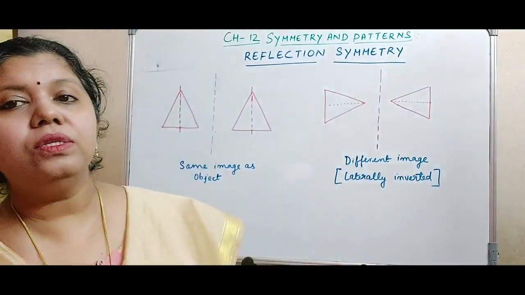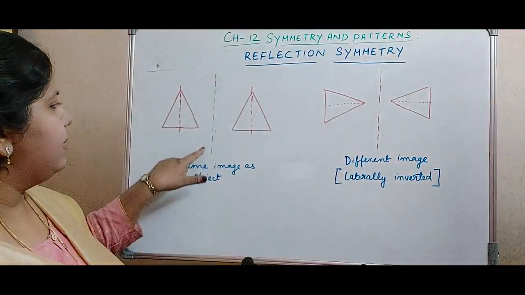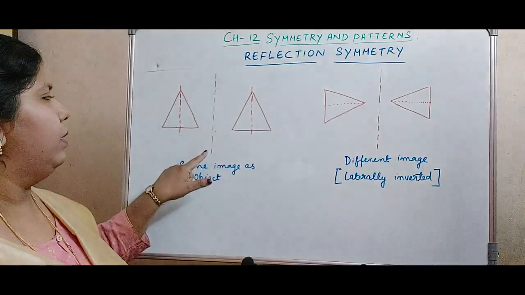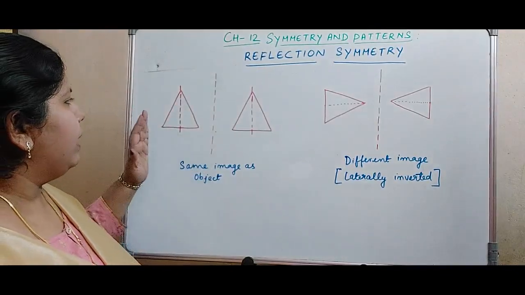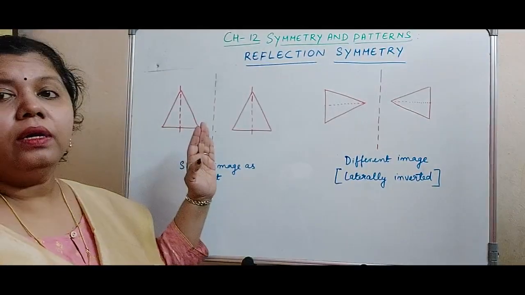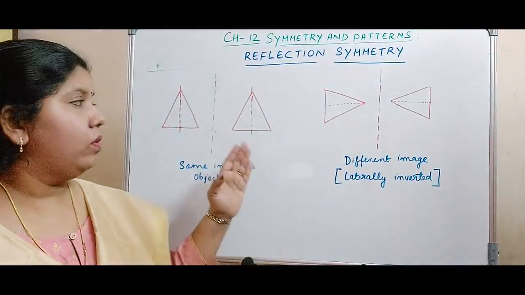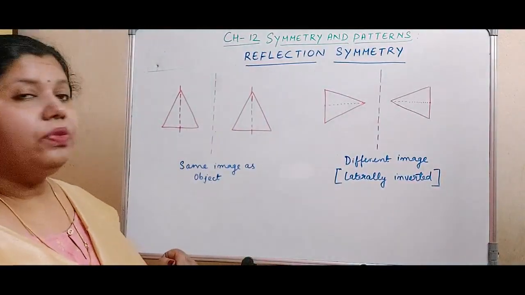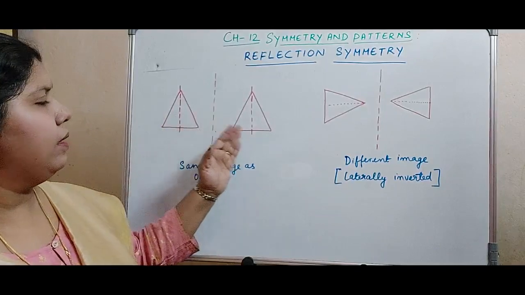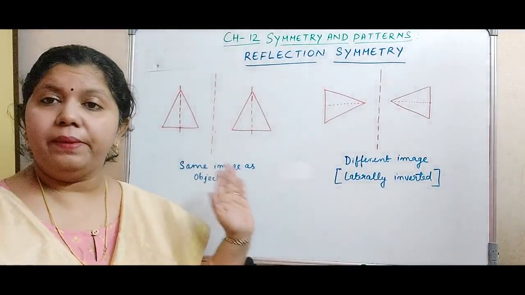Okay, now look at these two figures here. In the middle, this line is the mirror line. We have placed a mirror over here. Now when you keep an object on the left hand side and try to find its reflection in the mirror on the other side, you can see that the object and the image are identical, they are the same.